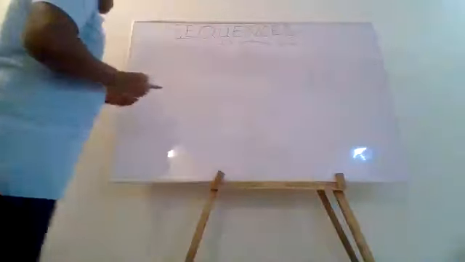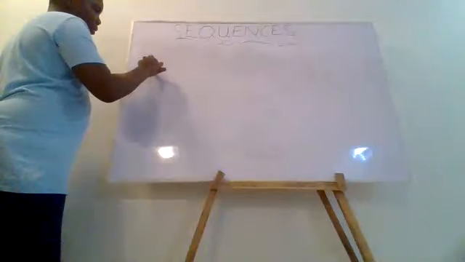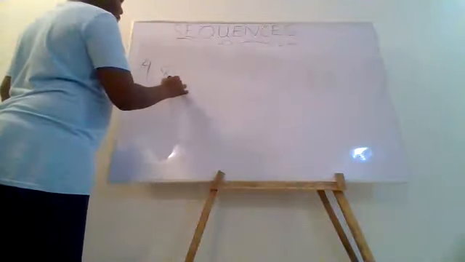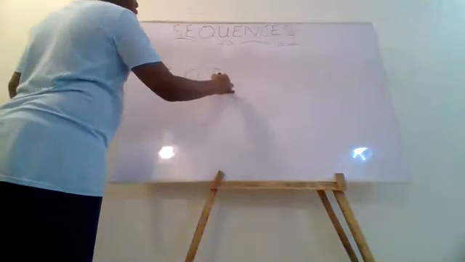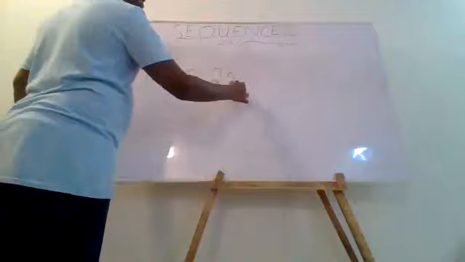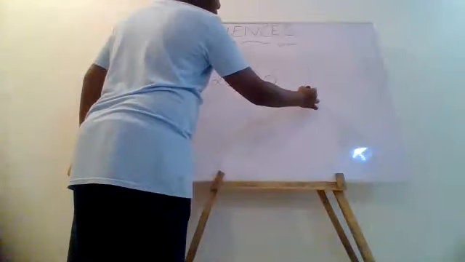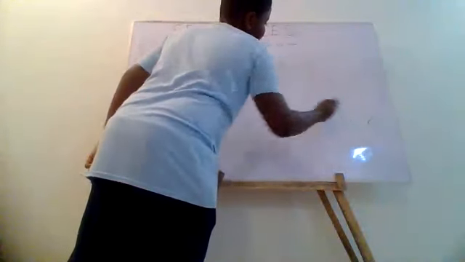So now let's say we have 4, 8, 12, 20, and 32. And we don't know the next 4 terms of this sequence.